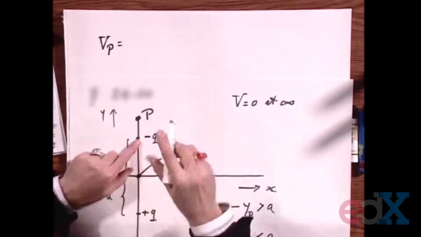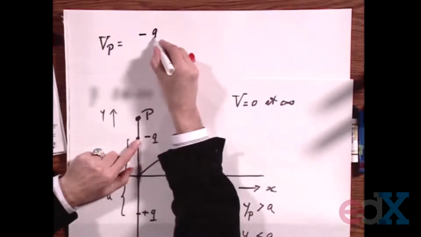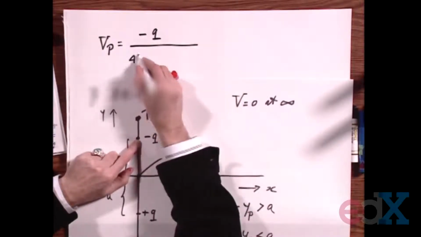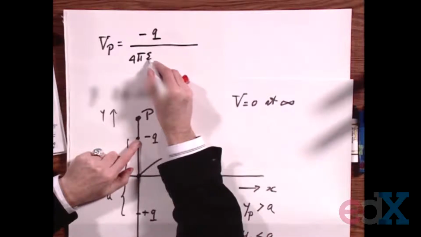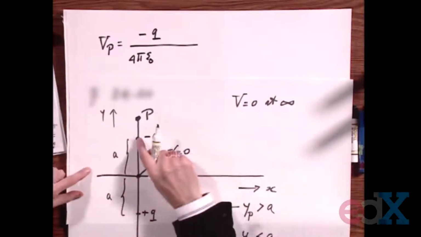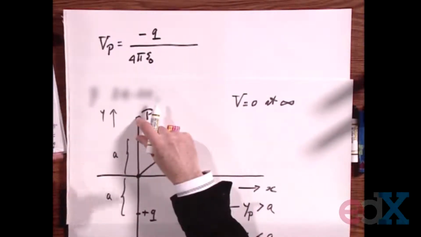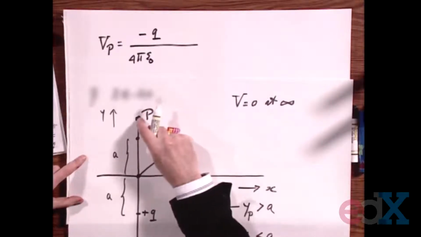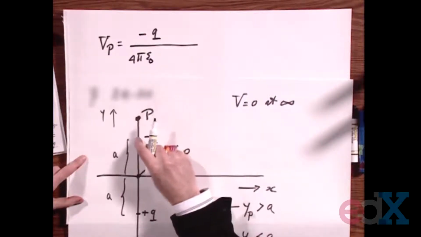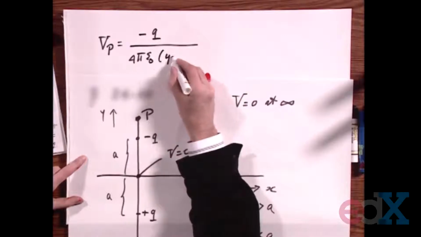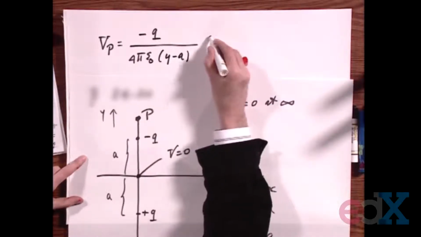Let's first do this one. So that equals minus q divided by 4 pi epsilon 0. And now I have to take the distance between these 2 points, which we have called r earlier, and that is y, if y is the position of P, minus a. So y minus a.